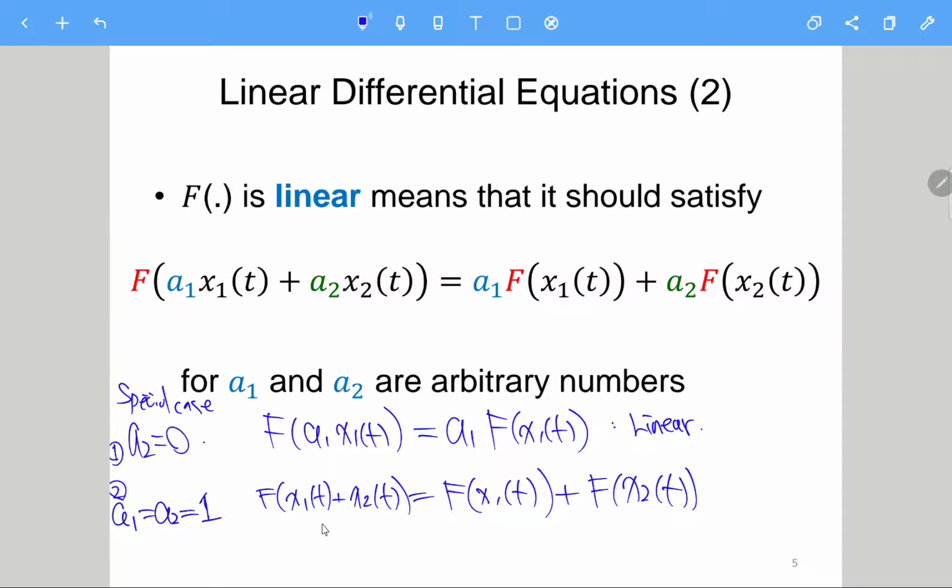So you add two functions together and then put them into this function. The output should be the same as when you put one of the functions into f, and then the other function into f, and add the outputs together. It's just like you break the function into two parts. This is called superposition.